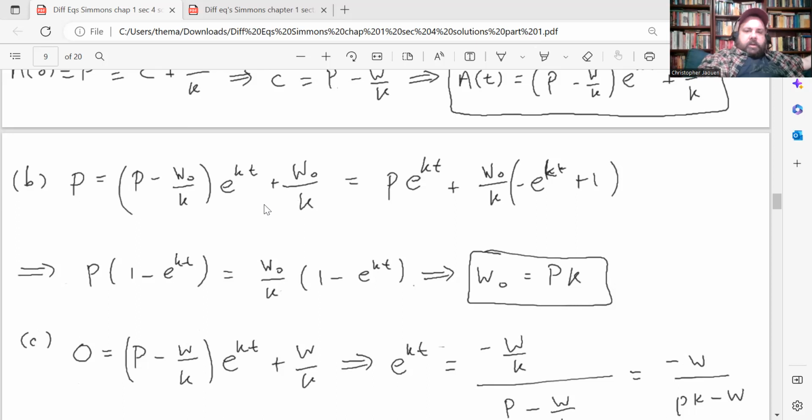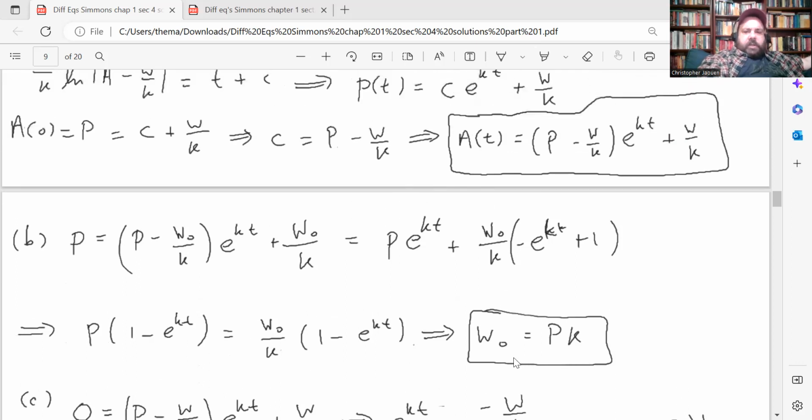So here I'm just rearranging some things and then solving for W0. When you rearrange, conveniently, on the left-hand side you get P times 1 minus e to the KT. On the right-hand side you get W0 over K times 1 minus e to the KT. Notice that the 1 minus e to the KT's cancel. You can divide out by them, and then you get W0 has to be P times K.